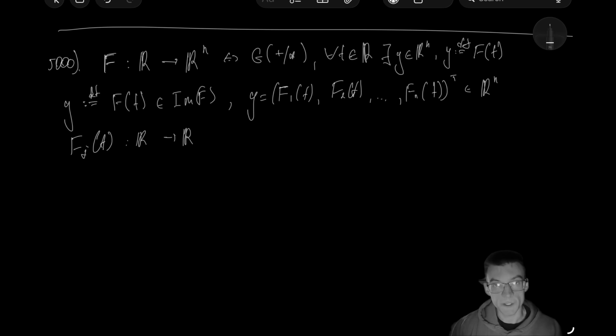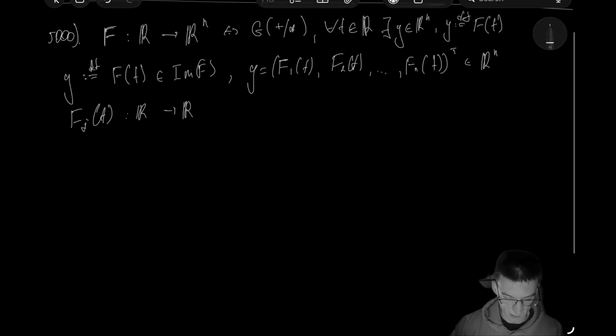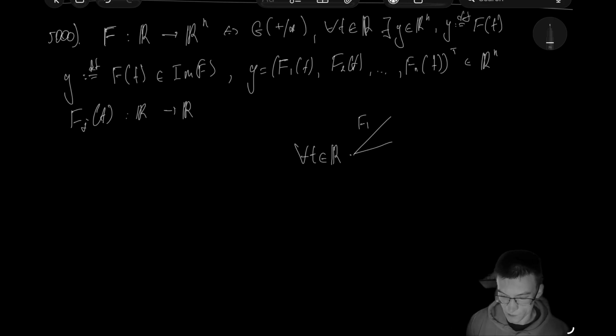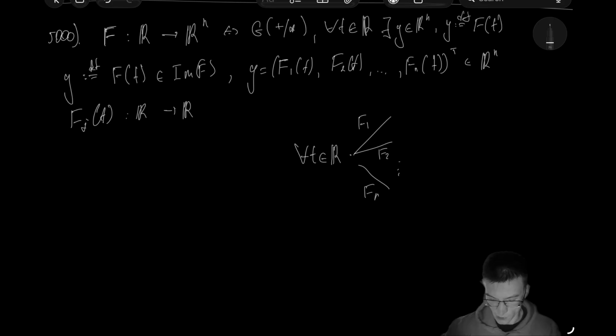So generally speaking, we can consider the function f, which is the vector function in n-dimensional hyperspace, the following way. For any scalar belonging to the scalar field R, we can apply many scalar functions f1, f2, and then until fn, and all of them are individual scalar functions.